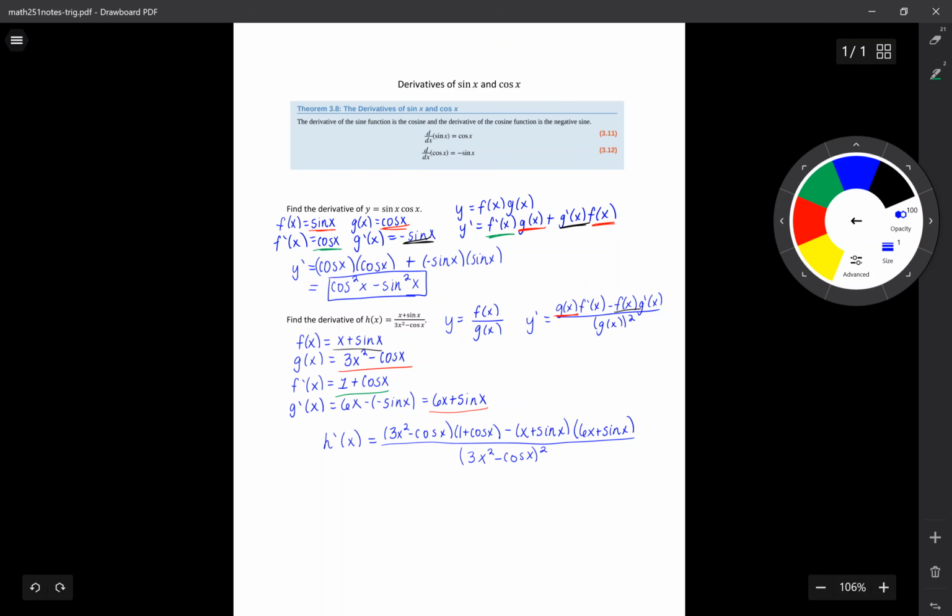This is kind of an optional step, but as a mathematician, I like to simplify as much as I can. So let's go ahead and expand these terms. If I FOIL this out, 3x squared times 1 is just 3x squared. And then we have 3x squared times cosine x, minus 1 cosine x, minus cosine squared x.